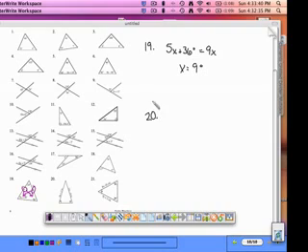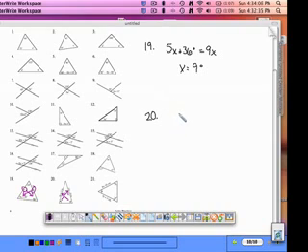In problem 20, we also have an isosceles triangle, but this time we're looking for x as part of the side length. Since the base angles are congruent, we know that the two side lengths are congruent.